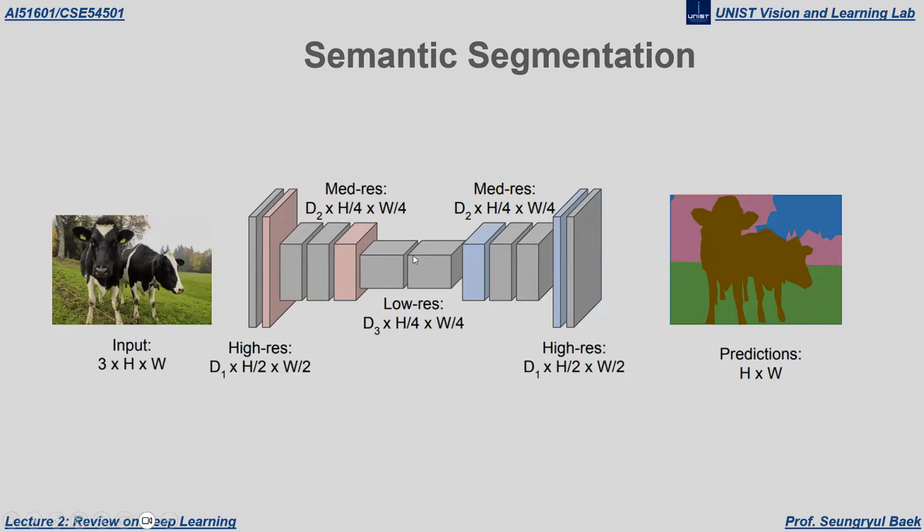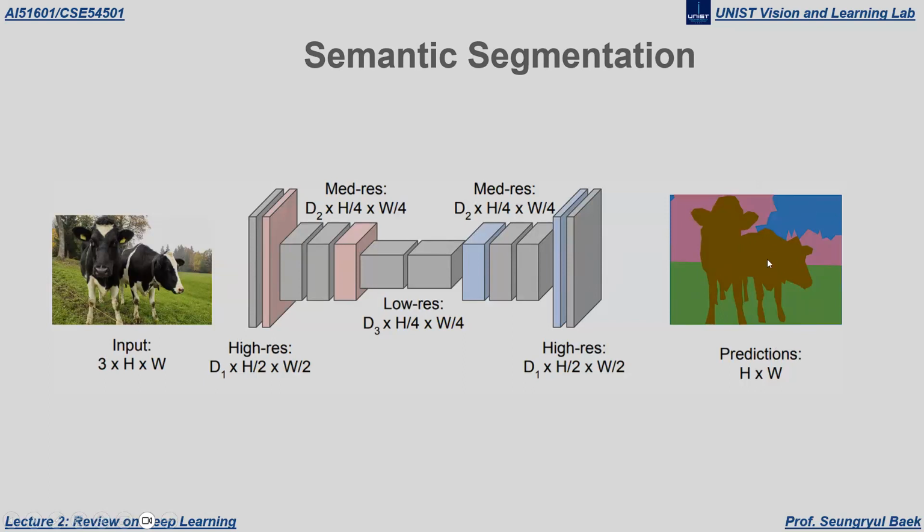And then, if there is some operation to upsample this signal towards the image size again in a differentiable manner, they could actually learn these layers using this kind of input and the ground truth segmentation map.